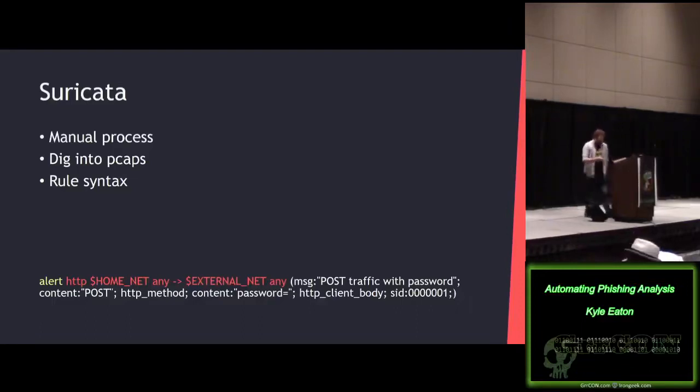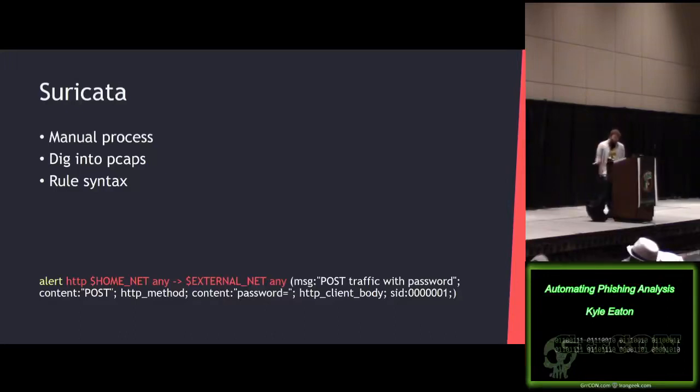And then I wanted to quickly jump into rule syntax. A suricata rule is broken up into three main parts. There's the action that happens. In this case, that's an alert. It could also be drop, which is also pretty common. Then we have the headers that show the protocol that we're looking at, the IP variables or subnets that we're going to and from, along with the ports that we're going to and from.